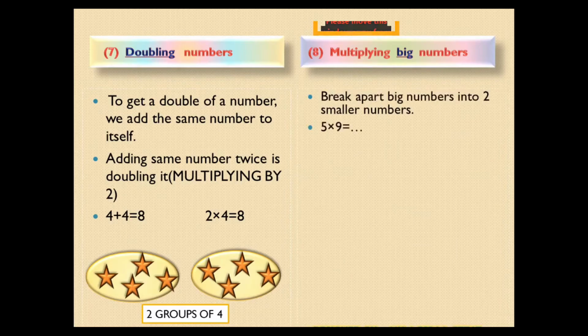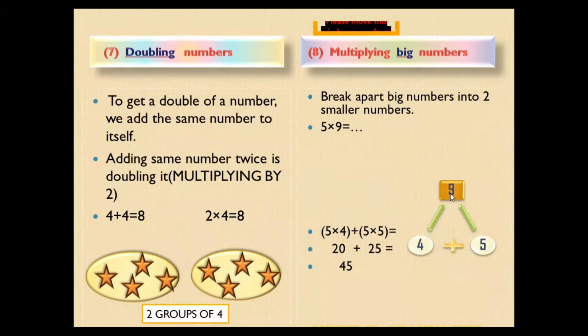Here I want to get the product of 5 by 9. We can break apart a big number, which is number 9 here. We can write 9 as the sum of two numbers, 4 and 5. Then we write the multiplication sentence as 5 by 4 plus 5 by 5.